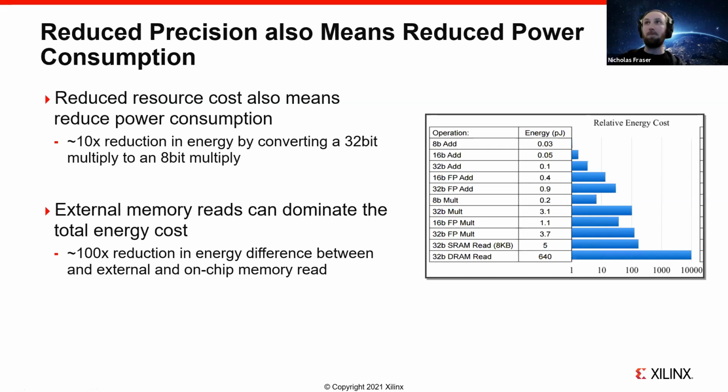Now, probably the most interesting thing when it comes to memory is that external memory reads can actually dominate your overall energy costs, right? So if you go from something like a read from external DDR RAM to a read from on-chip SRAM, you're going to reduce your energy consumption of that operation by 100x. So this is pretty serious.